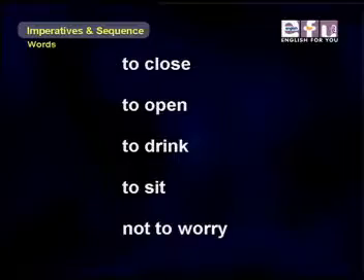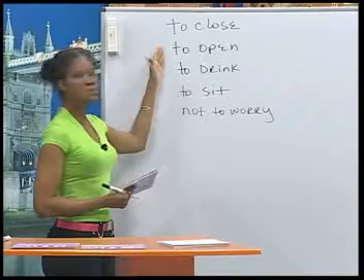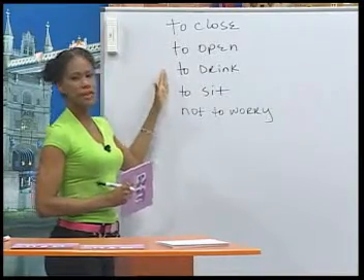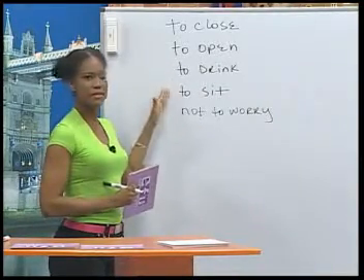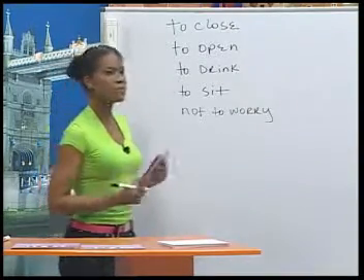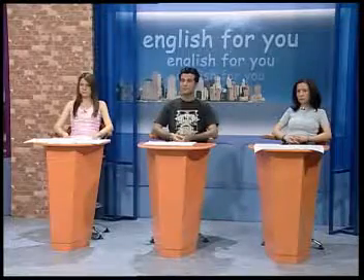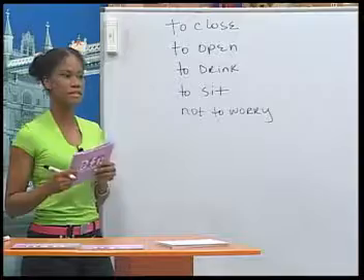So these are the infinitive forms. Again, to close, to open, to drink, to sit, not to worry. Okay, I will write a sentence on the board, and you choose which verb form is correct for each sentence.